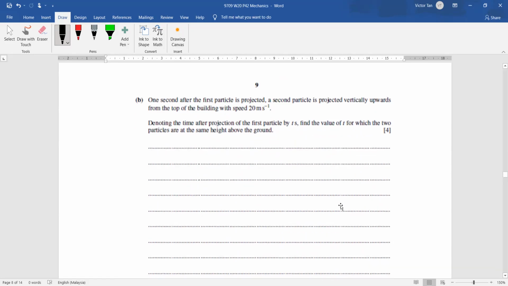Okay, so here on the top, this is 60 already. The second particle has 20, and the first has U equals 40. Same height, same height.